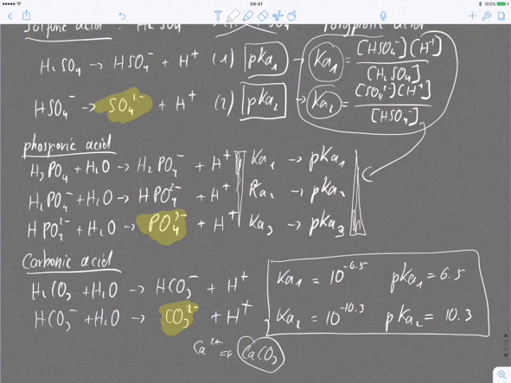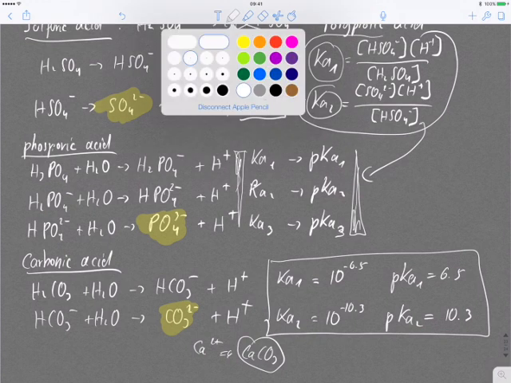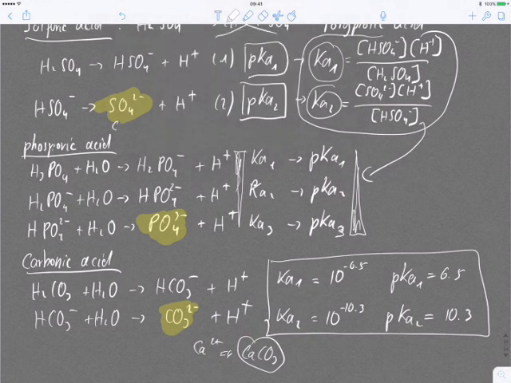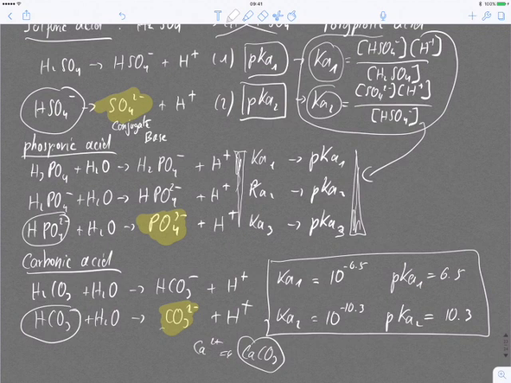We'll see that. So those are conjugate bases of an acid, conjugate base of this acid here, or of this acid here for carbonate.